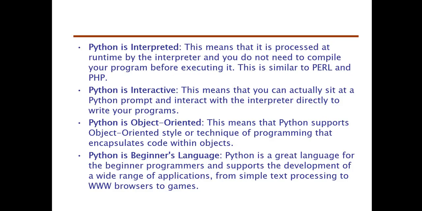Interactive means we can sit at a Python prompt and interact with the interpreter directly to write our programs. Object-oriented means it supports object-oriented techniques of programming, like encapsulation and polymorphism, with code within objects.